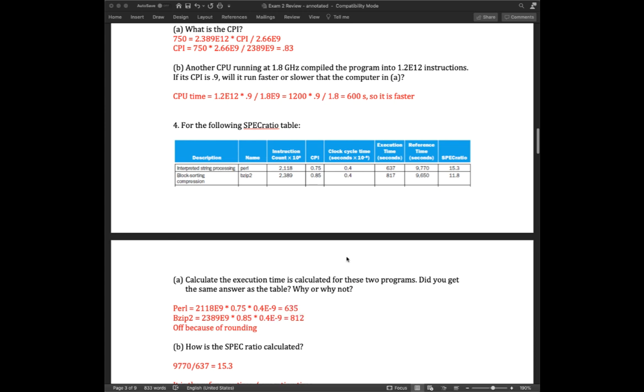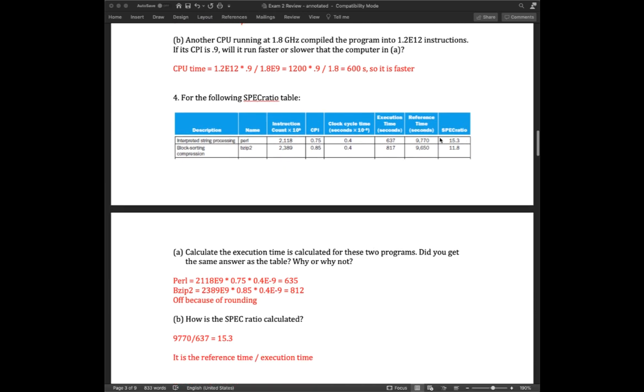And you get slightly different numbers because they rounded. For example, you know that the instruction count is not really 2118 and then a bunch of zeros, right? So they rounded here, and that's why we get slightly different numbers, but not enough to make a significant difference.